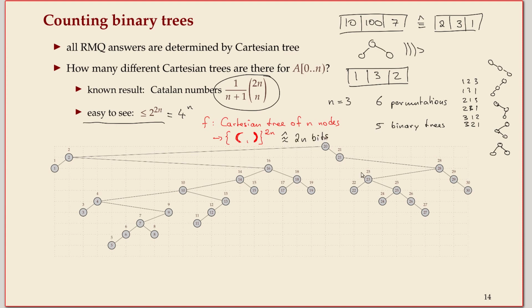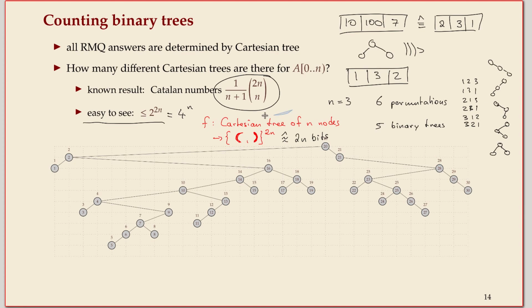Which means I can encode a Cartesian tree using 2n bits, and I don't have the same code assigned to any 2 Cartesian trees. That means the total number of Cartesian trees with n nodes is at most as big as the number of such binary strings, and that's just 2 to the length of that bit string. That's how we get to this. Okay, I hope the route is somewhat clear.